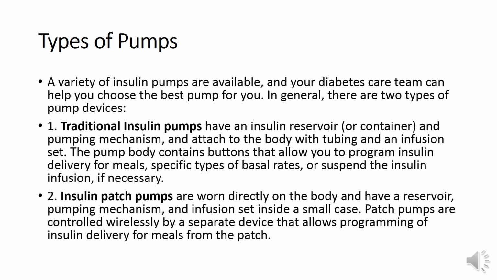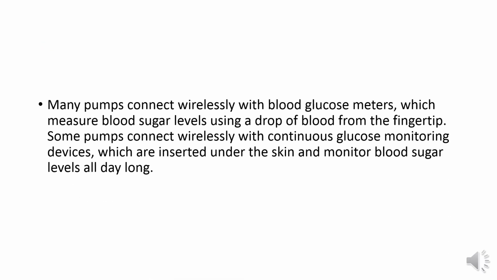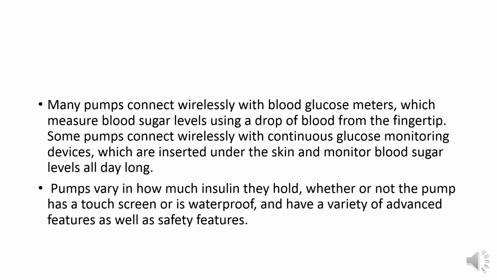The second one is the insulin patch pump. In this pumping mechanism, the infusion set is inserted into the patient inside a small case, and we control it wirelessly by a separate device. The insulin delivery for meals is programmed from the patch pump.